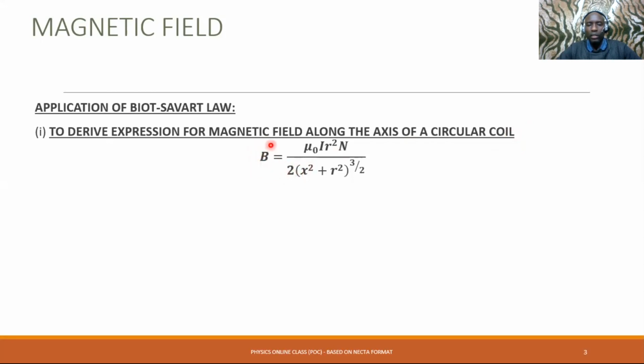The expression which we are going to derive says that B is equal to mu naught I r square n over 2 open brackets x square plus r square close brackets raised to 3 over 2. I is the current, r is the radius of the coil, n is the number of turns, x is the distance from the center of the coil to point P, and mu naught is the constant called permeability of free space.